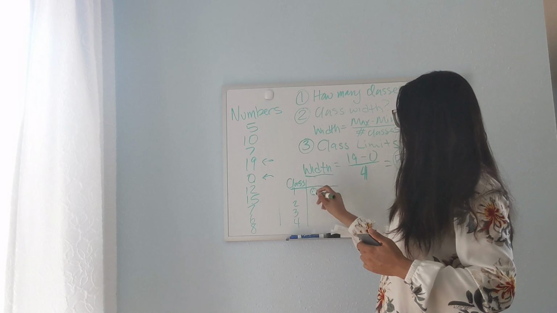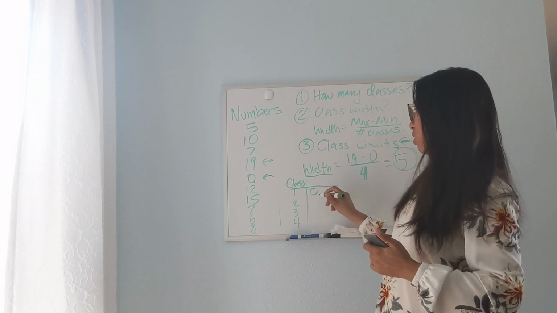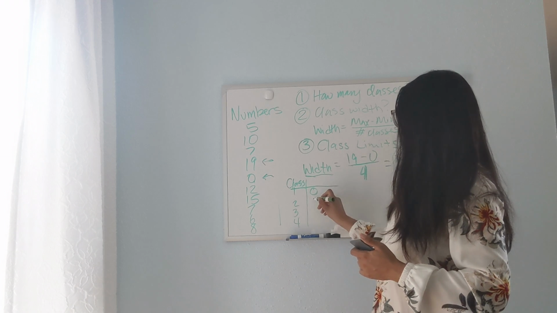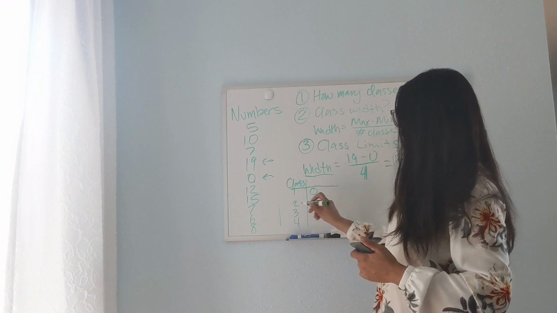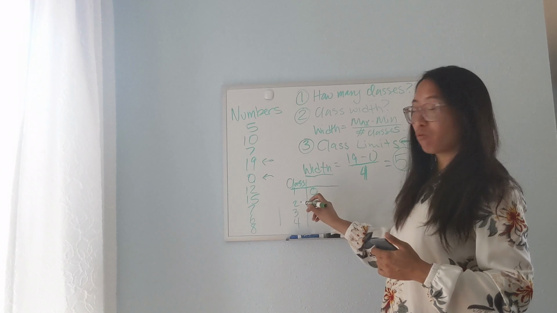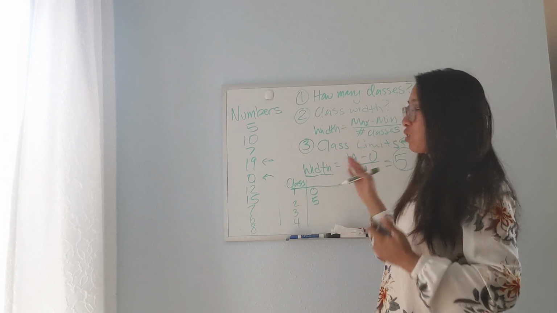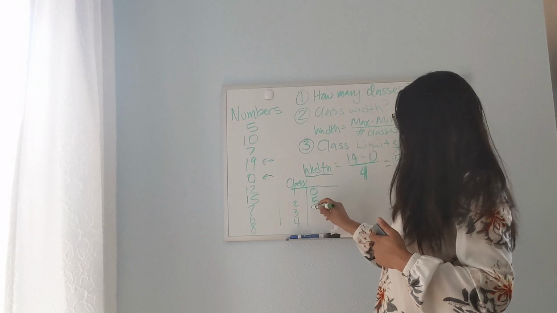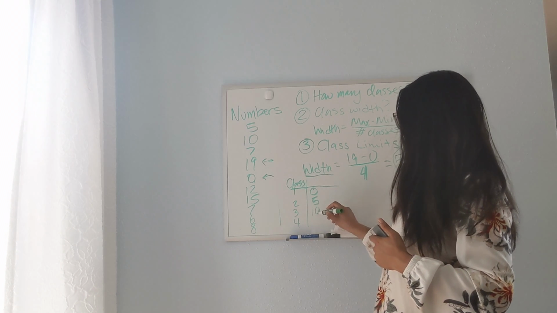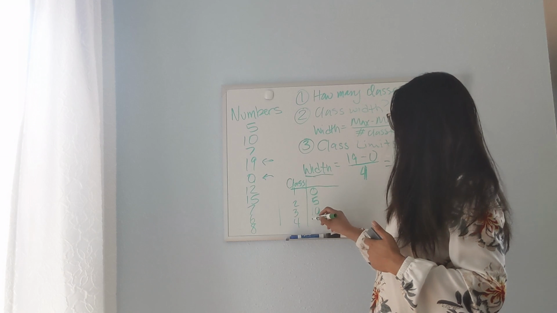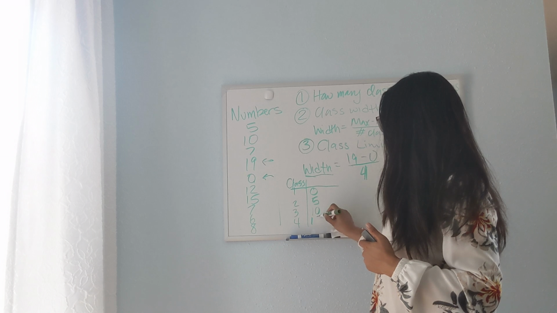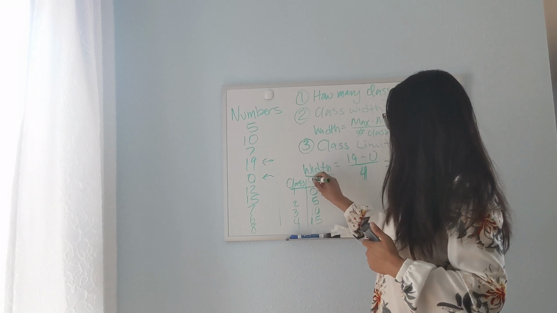These are going to be the lower limits of each class. I start at 0 and then add 5. So the lower limit of my second class will be 5, because 0 plus 5 is 5. Then the next is 5 plus 5, which is 10. And then 10 plus 5 is 15. Okay, so these are the lower limits.